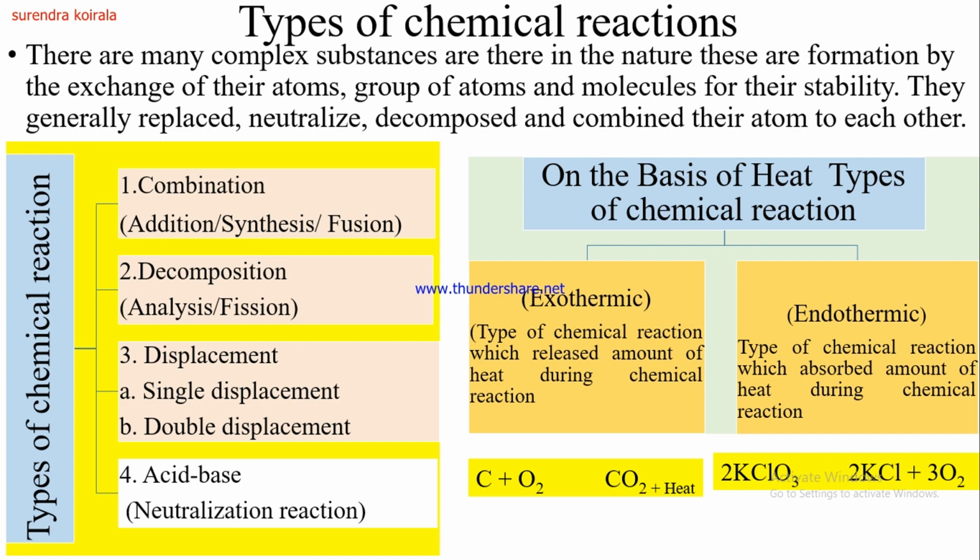Acid-base reactions are also known as neutralization reactions because they take place between an acid and a base, and the acidic character of the acid and basic character of the base neutralize each other to form neutral substances, especially producing salt and water.